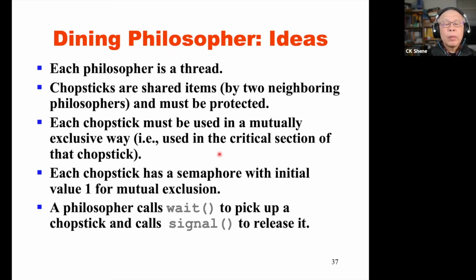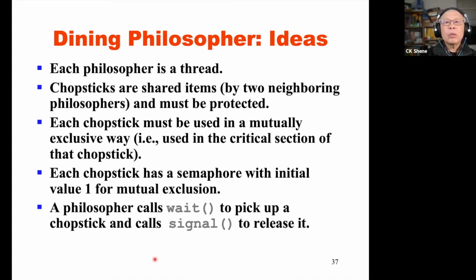Remember, the first use of semaphore is to establish mutual exclusion. Therefore, each chopstick must be associated with a semaphore with initial value 1. This initial value 1 actually states that at any time, only one thread can pass through the wait call of that semaphore.